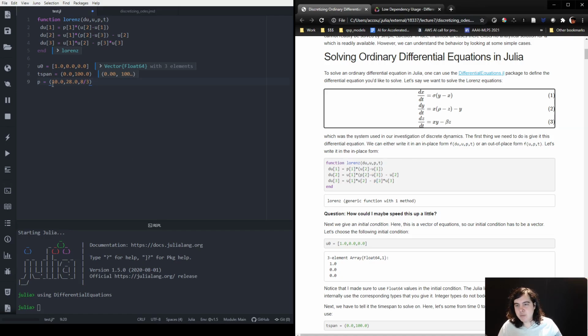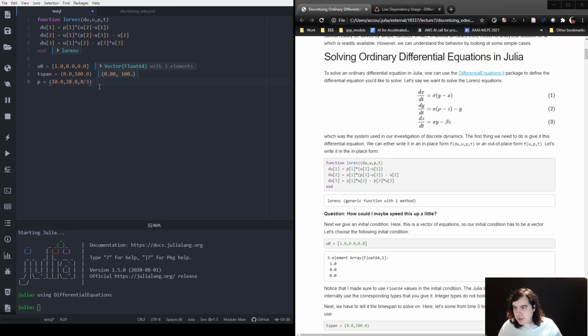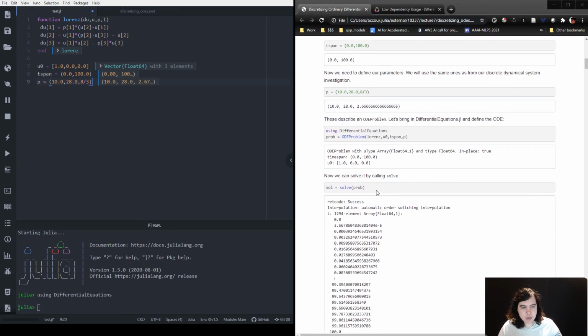I want my sigma, rho, beta to be equal to these values. And then I want to define an ODE problem, which has this right-hand side function, this initial condition, this time span, and these parameters. And now I can just solve it by saying solve the problem, and then let me grab the plot library and say plot the problem.